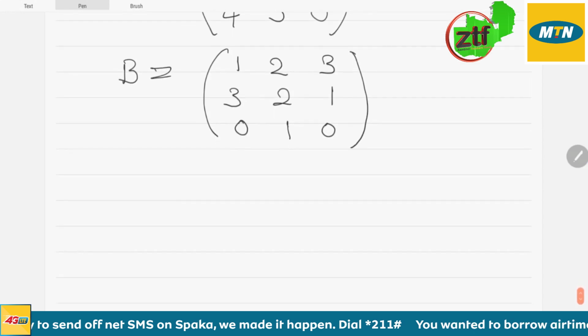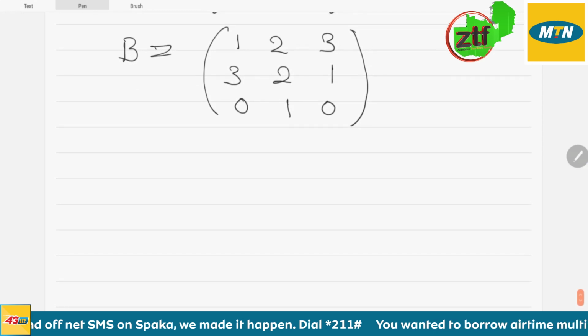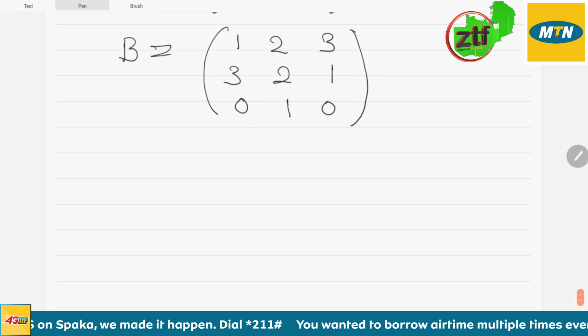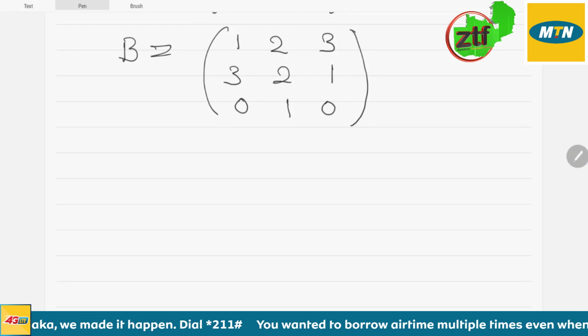All right. So the first question is find A transpose. Now, what is a transpose matrix?